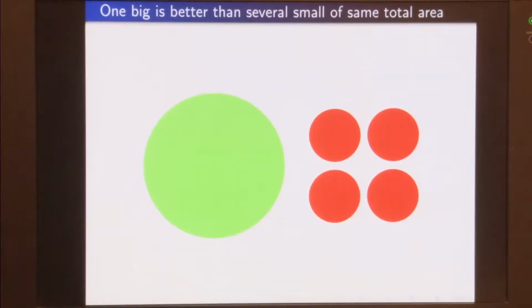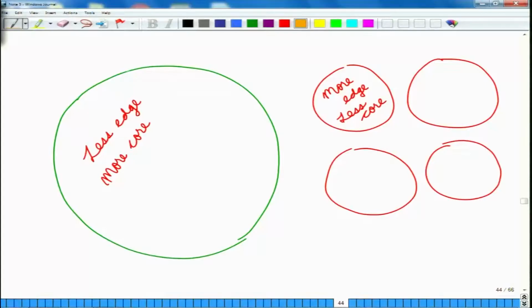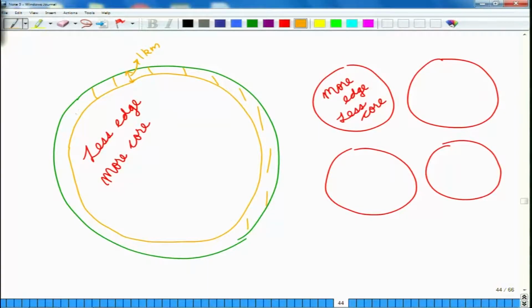Or to represent it more graphically, suppose our edge consists of 1 kilometer. So, in this area we would be having this much area that is the edge, and the rest of the area is the core.